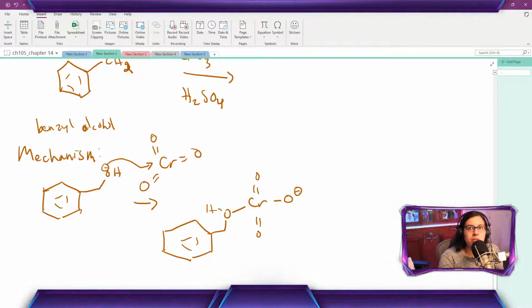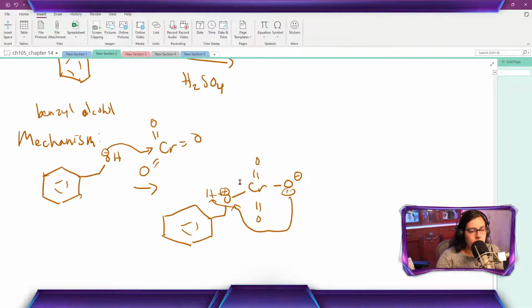And so now we have this negative charge on this chromium oxide. We have a plus charge on our oxygen. And so this means that this is going to attack this over here, and deprotonate it. Let's draw that out.